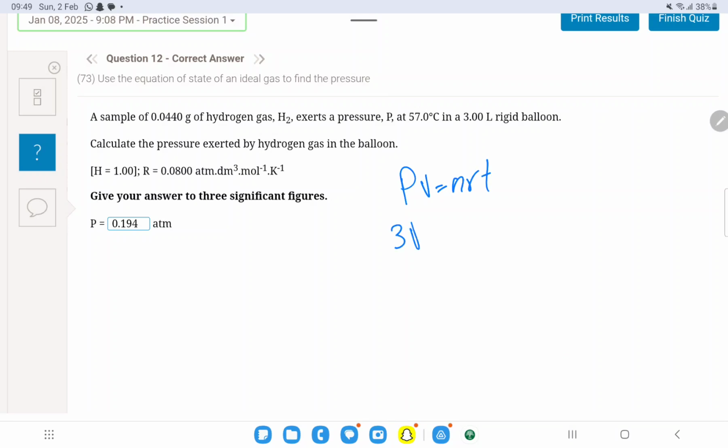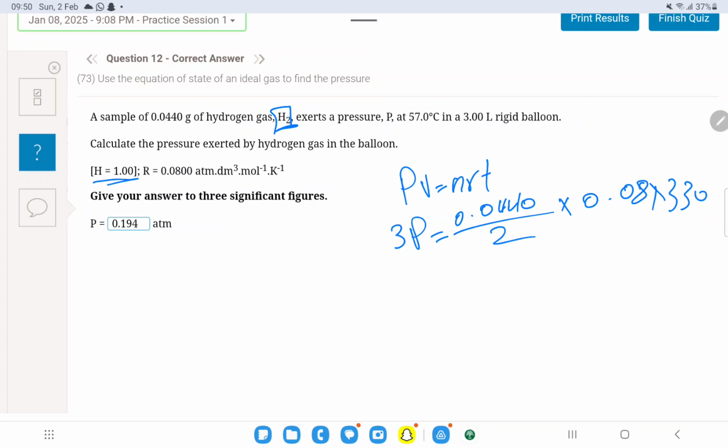V is 3, so 3P equals n, 0.0440 over 2, since hydrogen is diatomic H2, times R, 0.08, and the temperature, 57 plus 273, times 330.